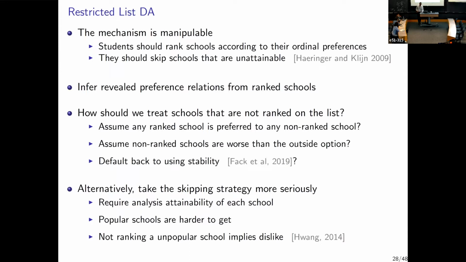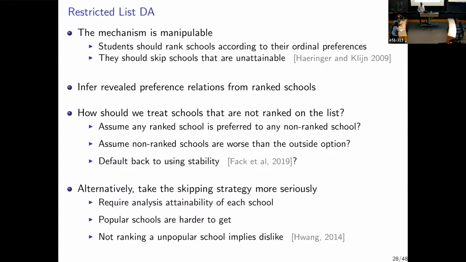Okay, so let's recap a little bit where we stopped. We were thinking about restricted list DAs, and we said that this mechanism may be manipulable. Can anybody explain why this mechanism may be manipulable?